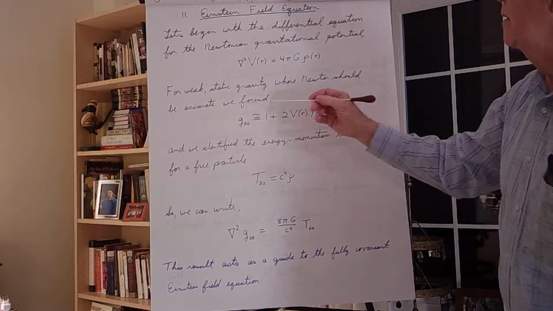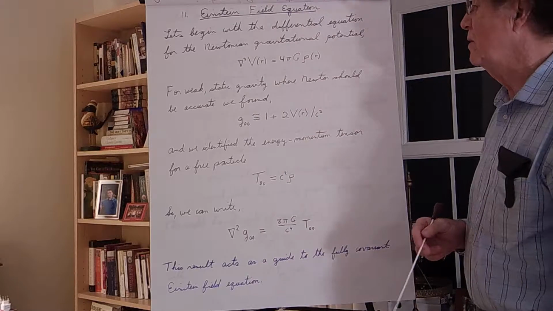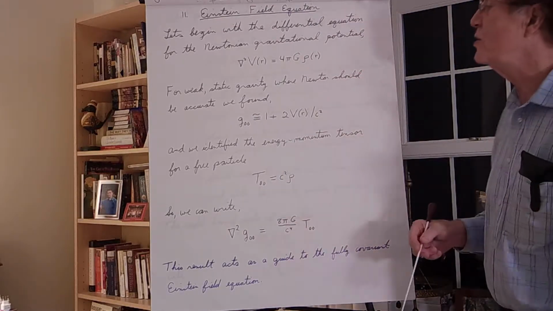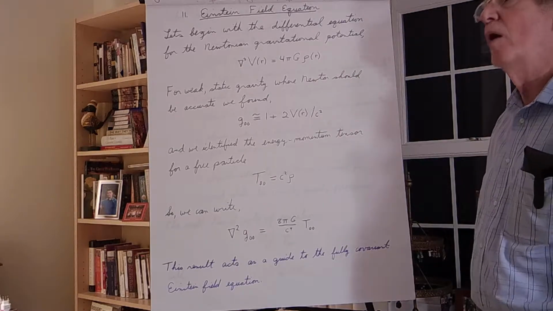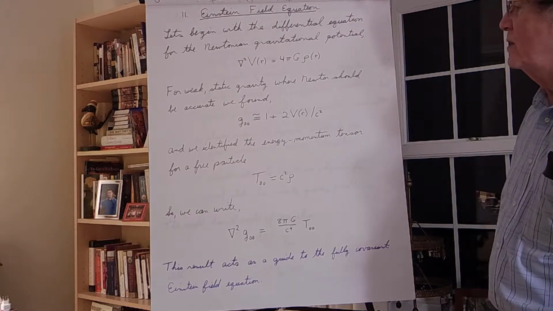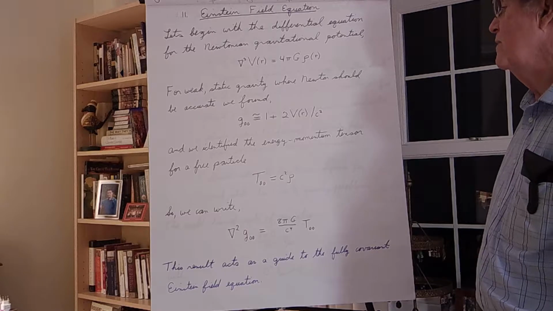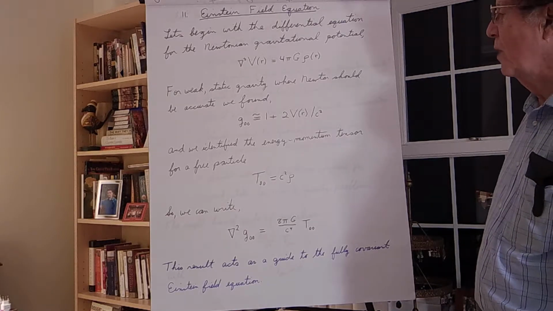Now, that's the statement from Newton. We want to transcribe that into the statement of interest to Einstein, and we remember from our discussion of the redshift that G00, the 0,0th component of the metric, is related to the potential in static situations by this particular formula, which is only true when V over c squared is small, the Newtonian situation.